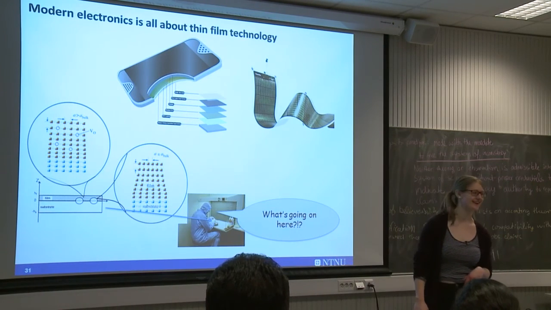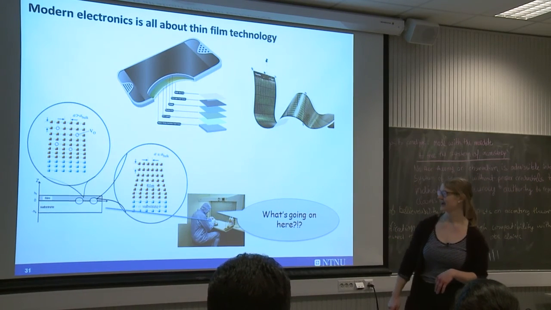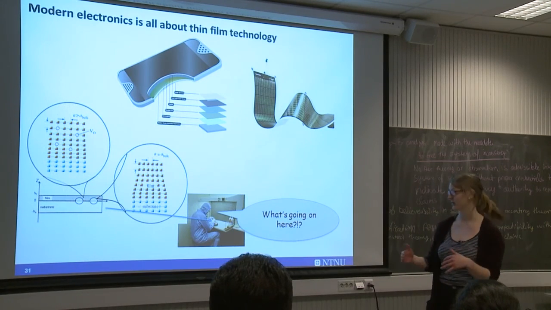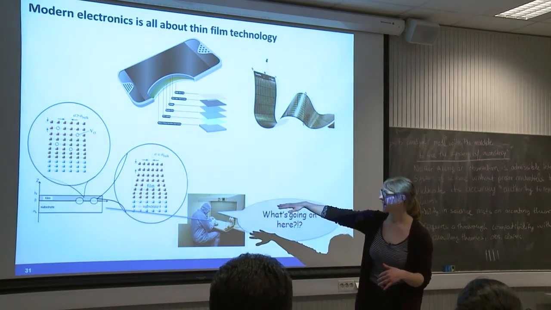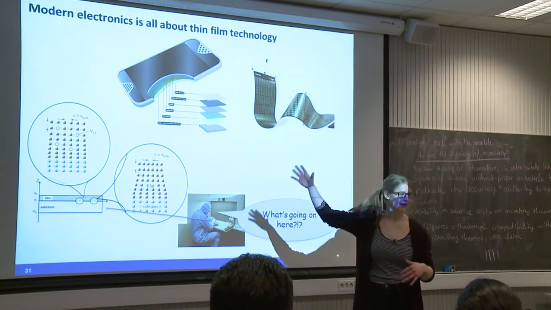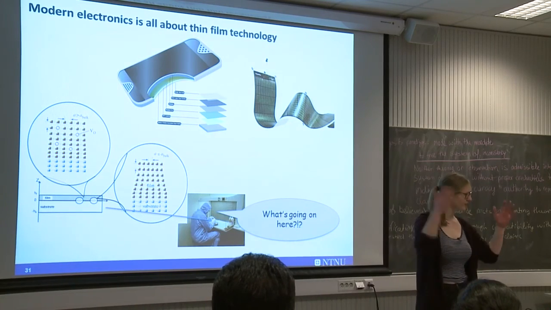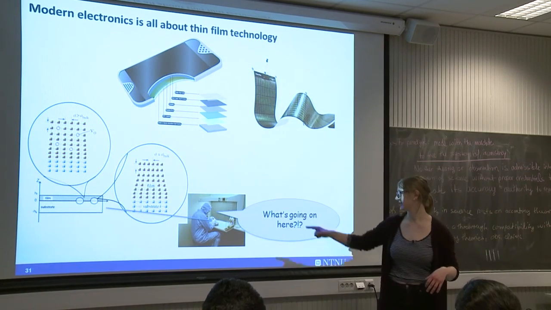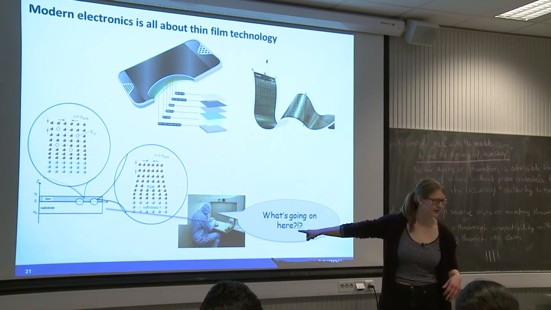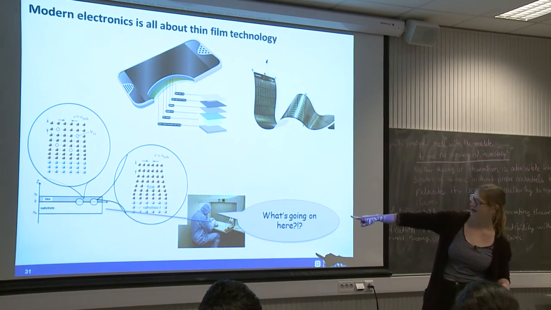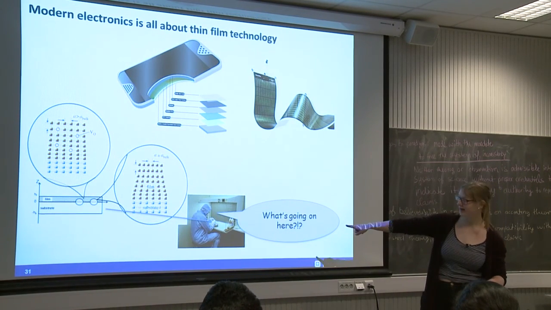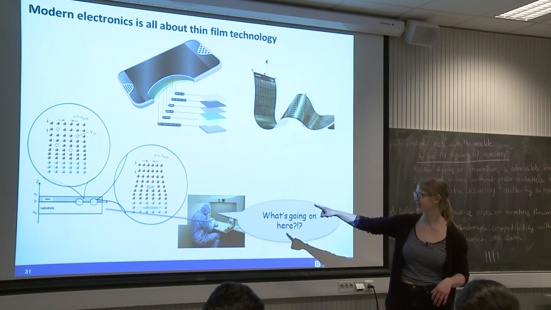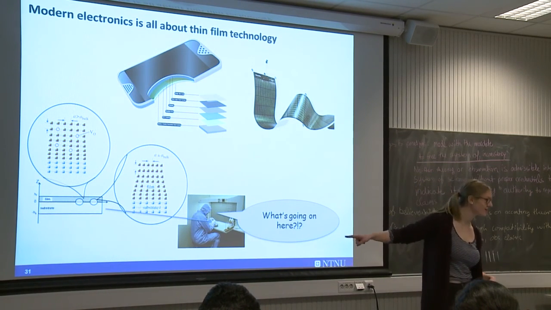In a bit more detail, a substrate and a thin film often have different lattice parameters, and then you have strain, and you can have some defects or impurities in your thin film. So this guy here is sitting in the lab doing some measurements on his thin film and he doesn't know what he's measuring.